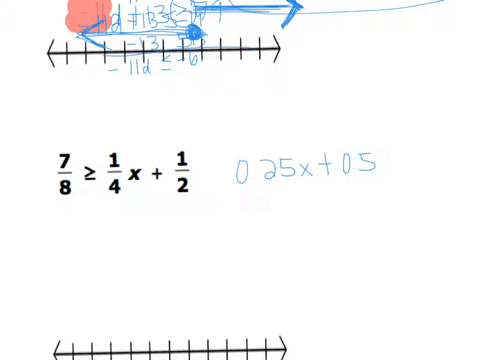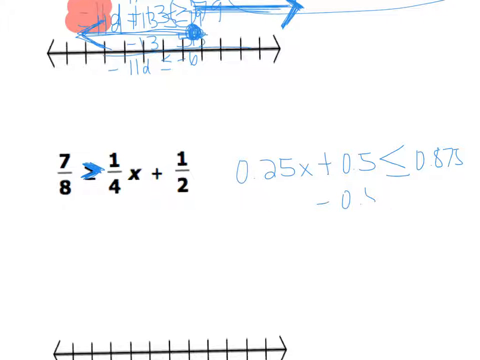Now you're going to notice that the less than symbol is facing the variable. So the less than symbol still needs to face the variable, and then 7/8 is 0.875. Now I'll go ahead and solve.